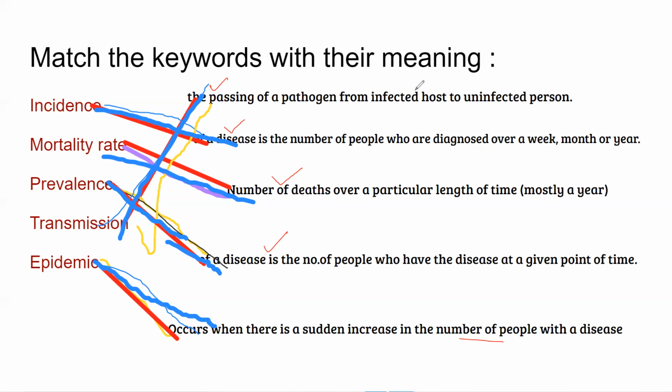Can you tell? If I'm talking about the number of cases of tuberculosis in the year 1960, I'm giving you data. Will that data help you know about the incidence of tuberculosis, or will that data give you the prevalence of tuberculosis? What do you think, Khushi?